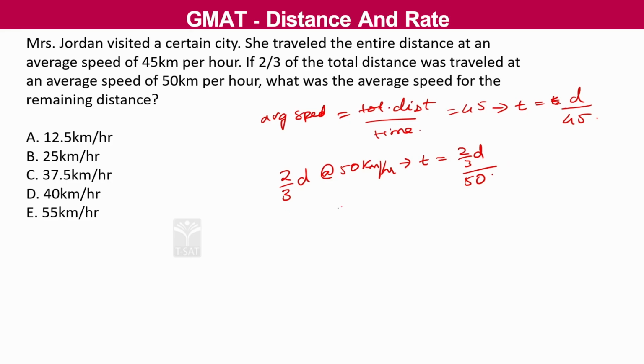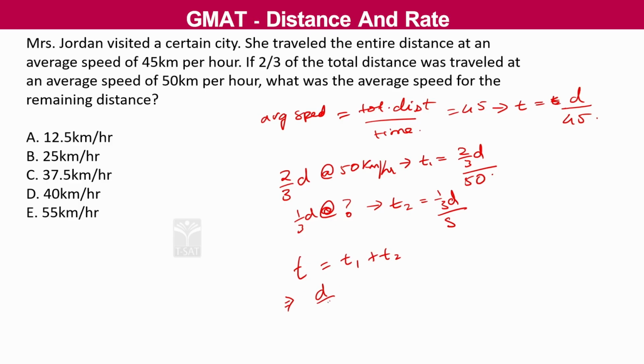Now, they are asking what is the average speed for the remaining distance. For the remaining 1/3 of d, we do not know the speed. So, the time for this 1/3, t2, will be 1/3 of d divided by the speed s. We know the total time and we know that it was covered in 2 different speeds. So, t1 plus t2 is equal to t.